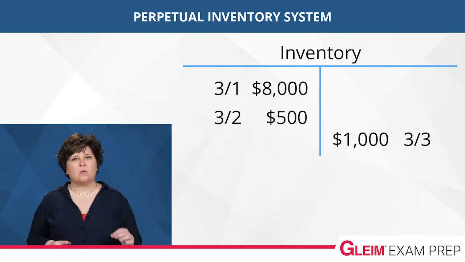On March 2nd, we paid shipping for this inventory, which increases the cost of the inventory. That's why we show the $500 debit to inventory on March 2nd. Then on March 3rd, we returned some of the inventory. Returning inventory decreases inventory, which is why we have a credit to inventory on March 3rd.